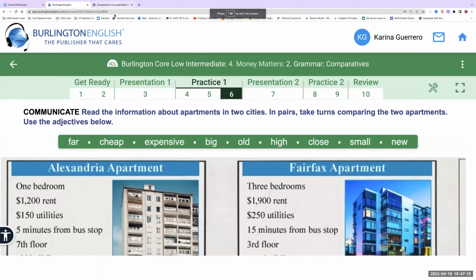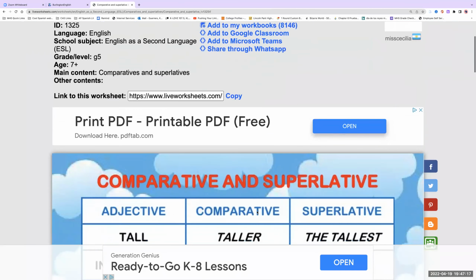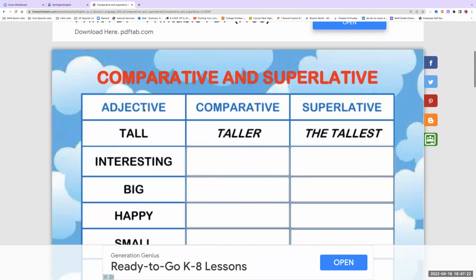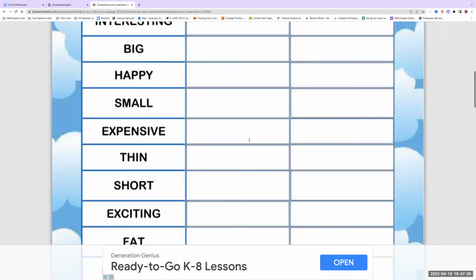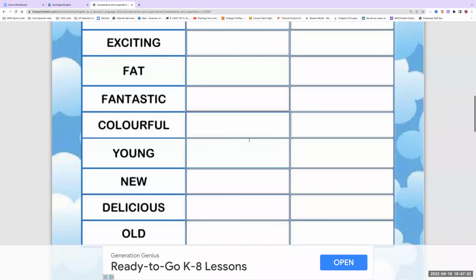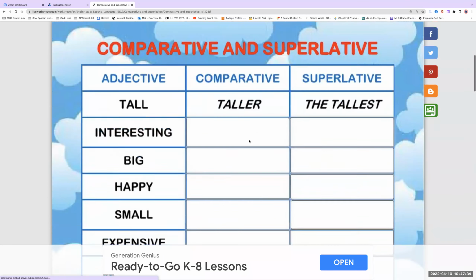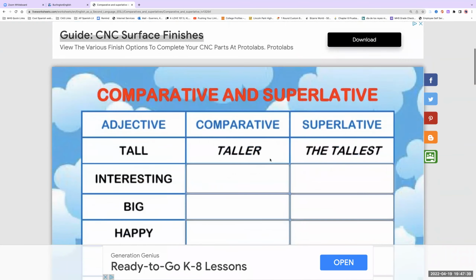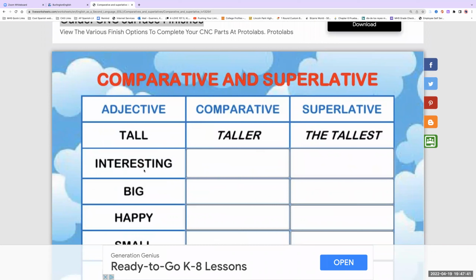And the last thing you're doing tonight is going to be putting this in the comparative. So if we say tall, it's short, so we add ER. Let's look at the rest of the words that are short. So remember, our rule said if our words are short, we put ER.